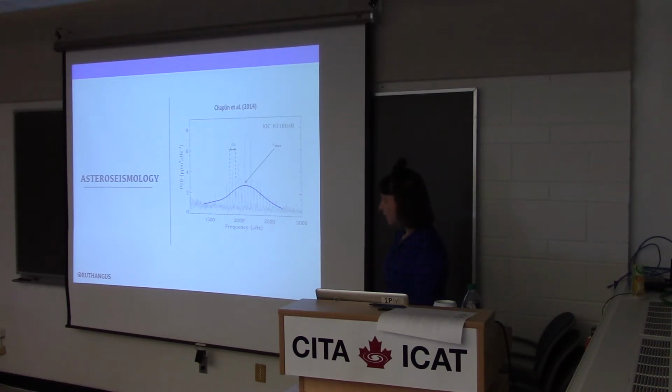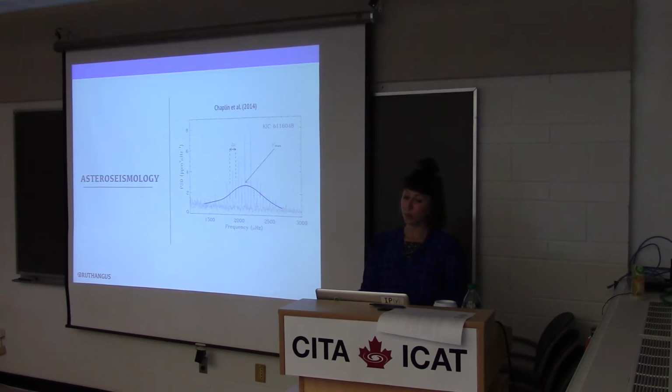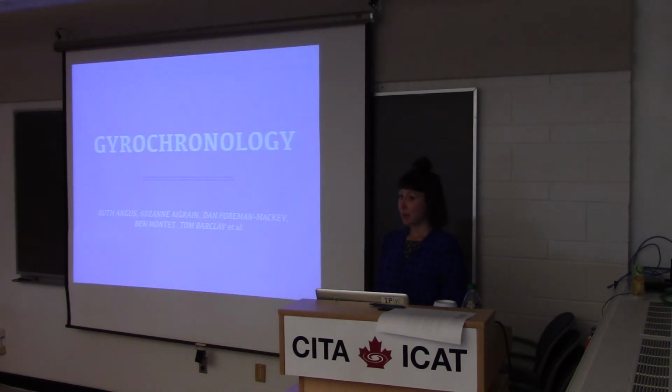So asteroseismology can be very powerful and can give us very precise ages, but it can't give us very precise ages for very many stars, just like in the case of the clusters. So we can use asteroseismology and cluster stars to calibrate alternative dating methods, which will be applicable to many, many more stars, as long as they're calibrated. One such method is gyrochronology.